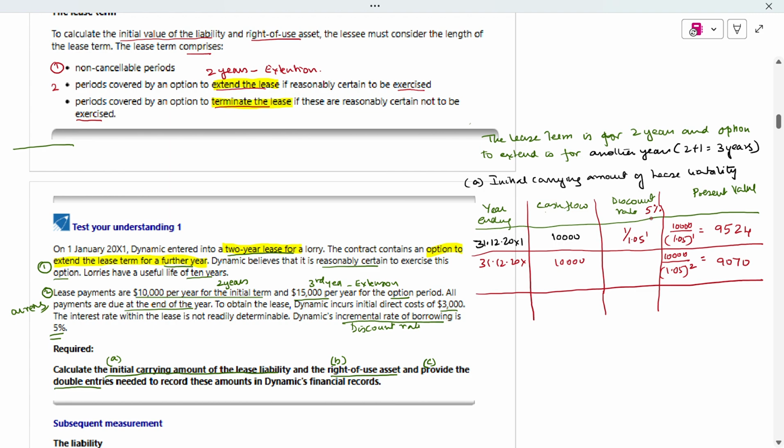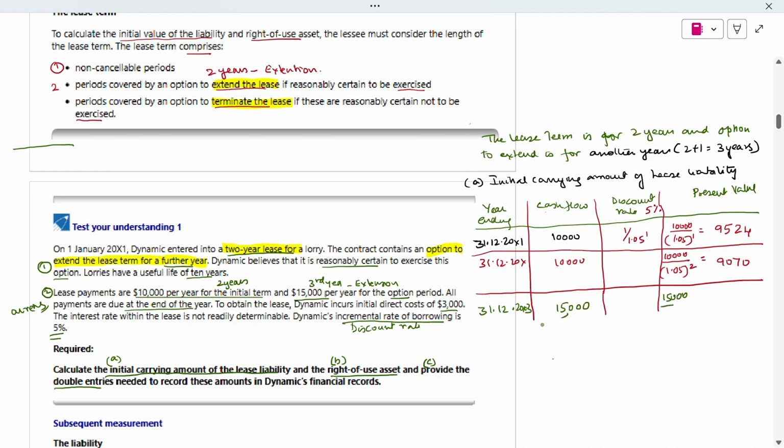Now, see, third year it is different. What is the difference in third year? Third year it is not 10,000. How much are they paying? 15,000. Am I right? Yes. Okay, this is, see, it is not difficult.